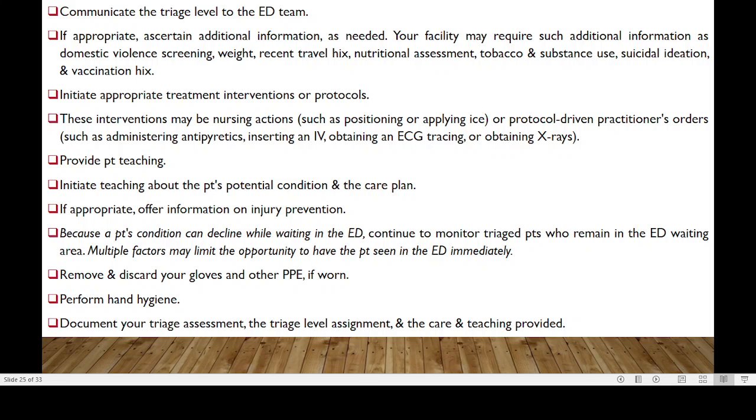Provide patient teaching, initiating teaching about the patient's potential conditions and the care plan. If appropriate, you can offer information on injury prevention, but this is once you have stabilized the patient.